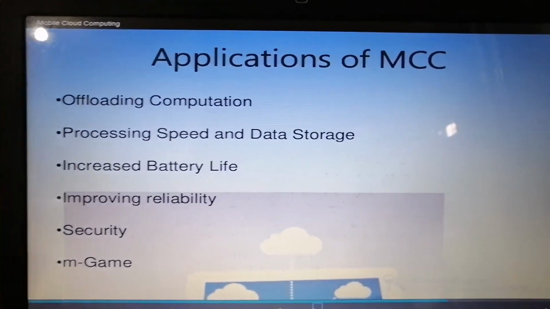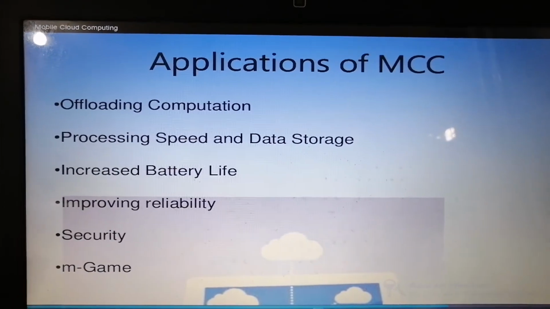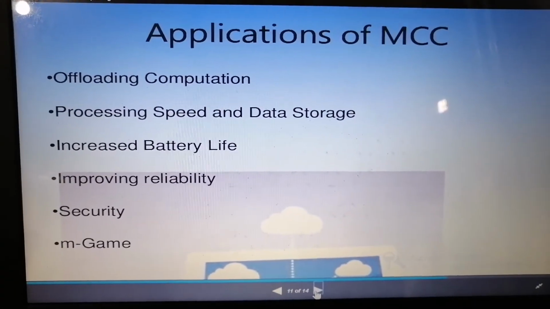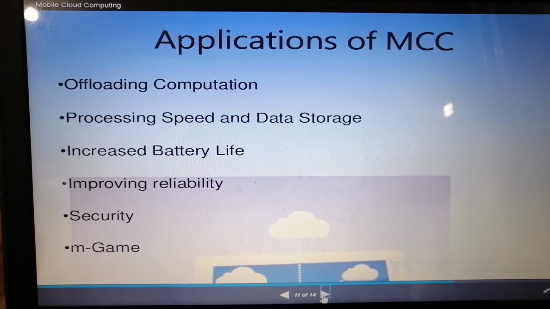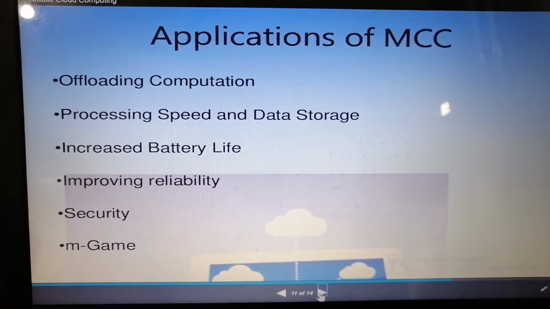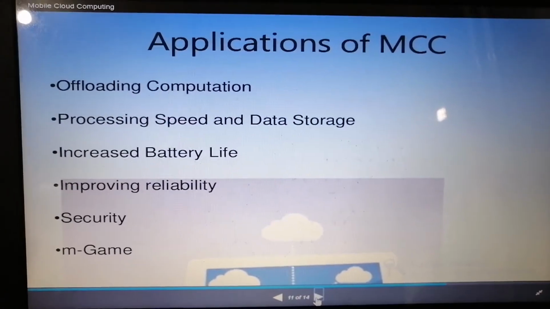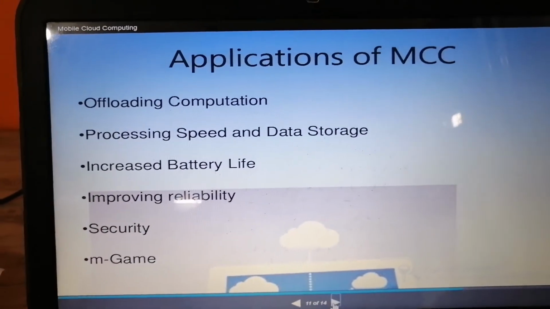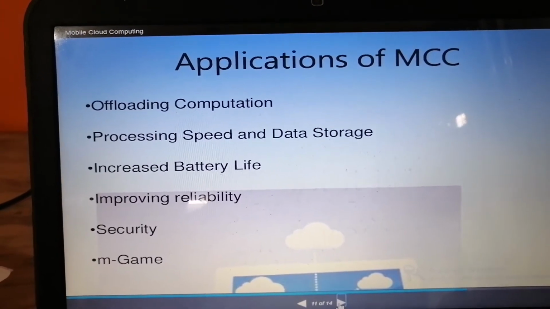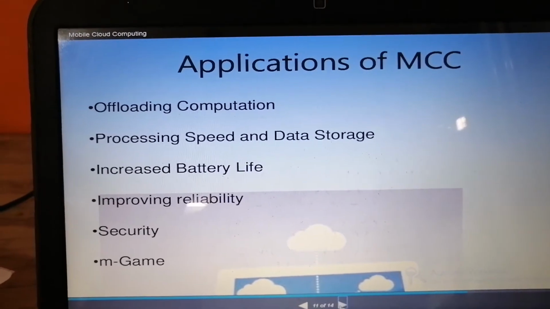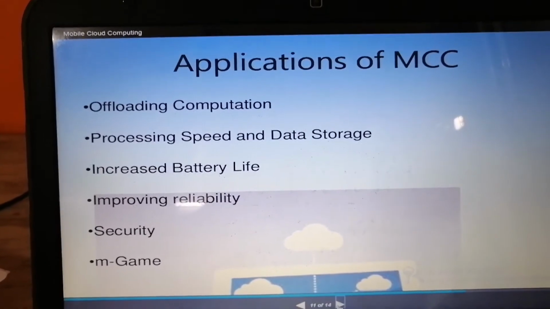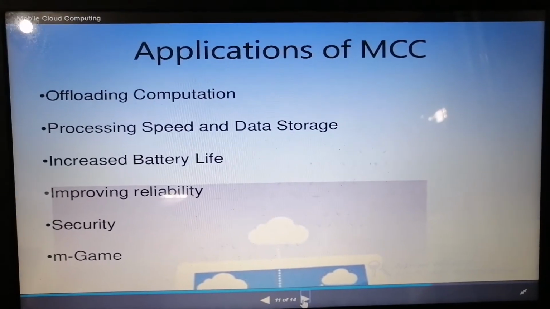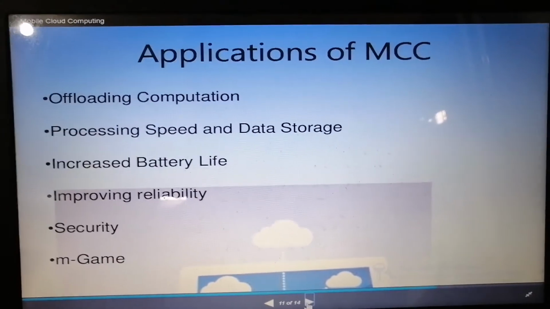Then what are the applications of mobile cloud computing? Very first is offloading computation, processing speed, and data storage. It increases battery life because we do not have to deal directly with the data processing. We simply connect through the internet to the cloud service provider, and due to that the user is able to fetch the data easily.